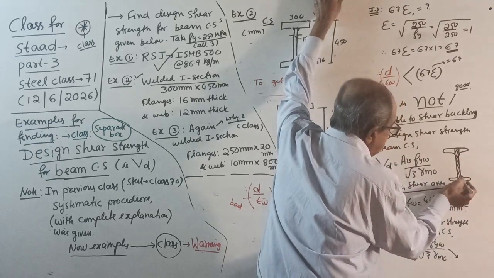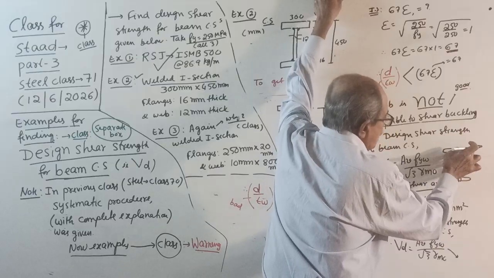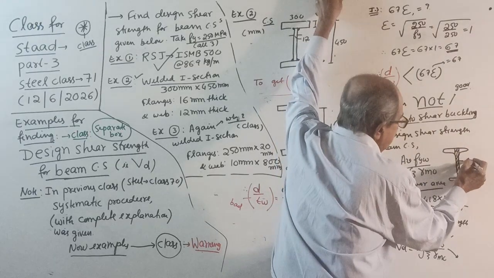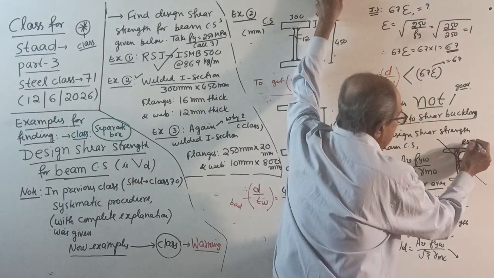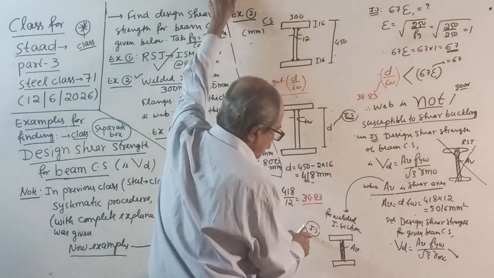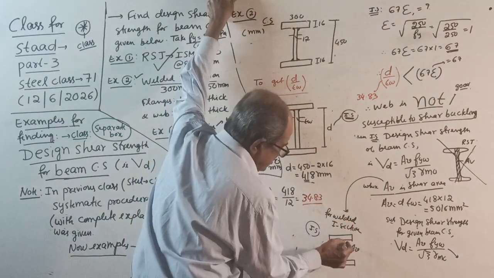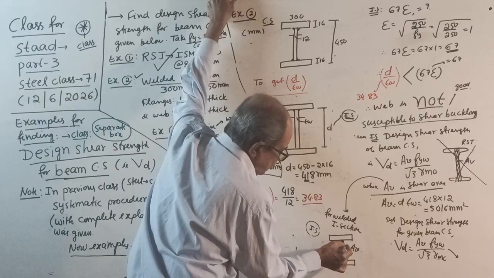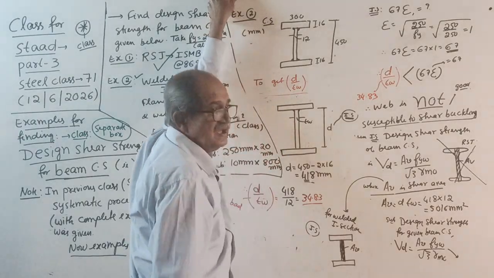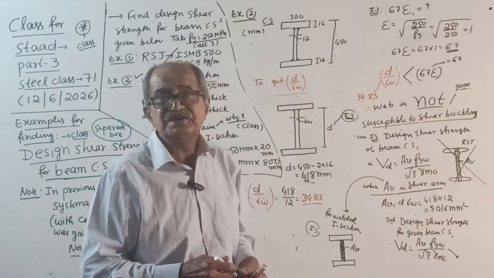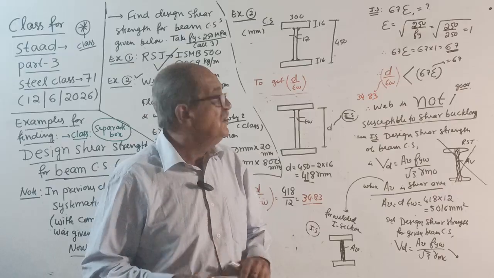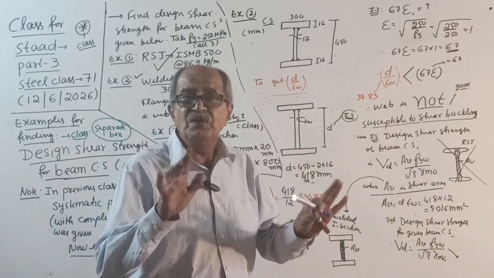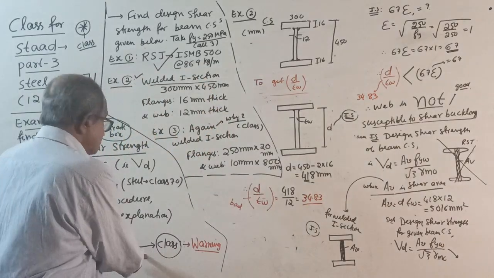That is, from top to bottom including flanges, outstands are ignored. This is Av. This was last time, for RSJ. And again, as per the IS code, for a welded I section, the shear area is only the web area. The reason I told you in the last class. Here I can't discuss, these are examples, principles and so on. Everything was clearly told in the last class.